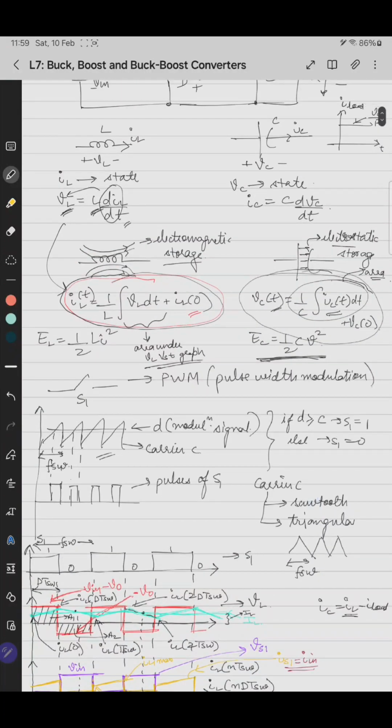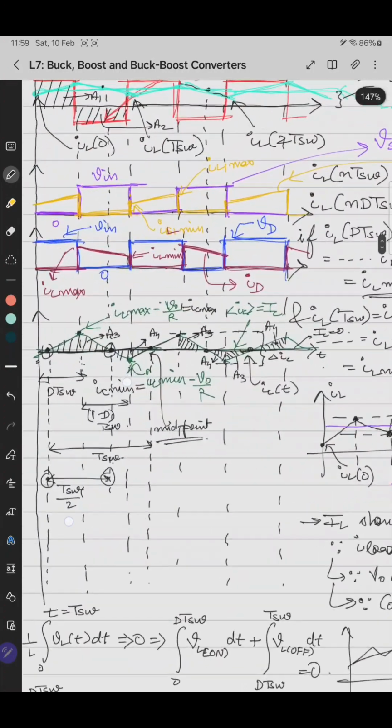What is V0? V0, or Vc, is 1 by C integral of Ic of t dt. This is the integration of it, and this is a linear curve, y equals mx plus c. If you integrate y equals mx, we'll get x square by 2, so it will be a quadratic.